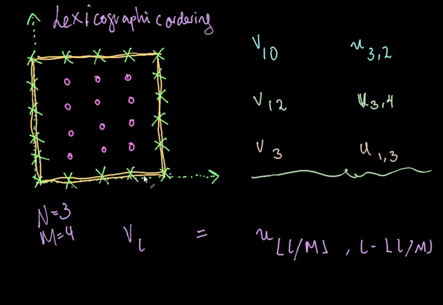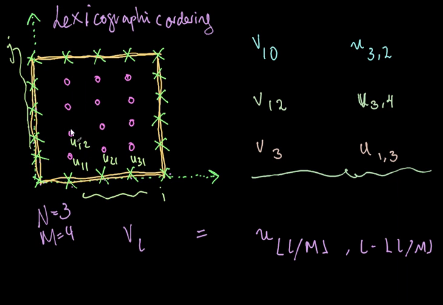Okay, so u11, u21, u31. Great. And then u21, no, not u21, u12, because it's i comma j. These are the j's and these are the i's.